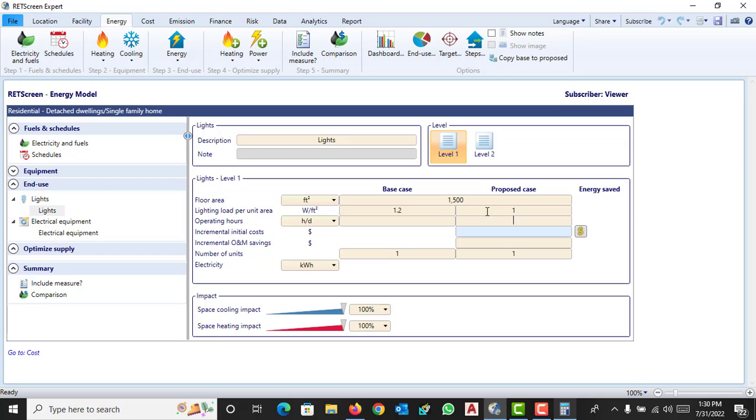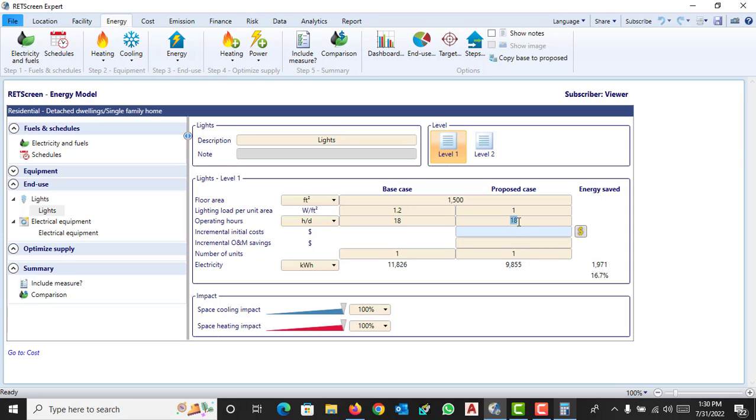Operating hours are about 18 hours, and for the same 18 hours, let me check the total energy consumption. In the base case, you are consuming 11,826 units or kilowatt hours per annum, and 985 in the proposed case if you switch toward lights with less energy consumption.